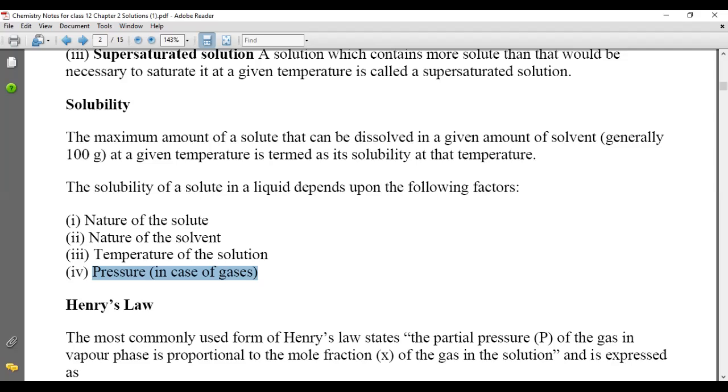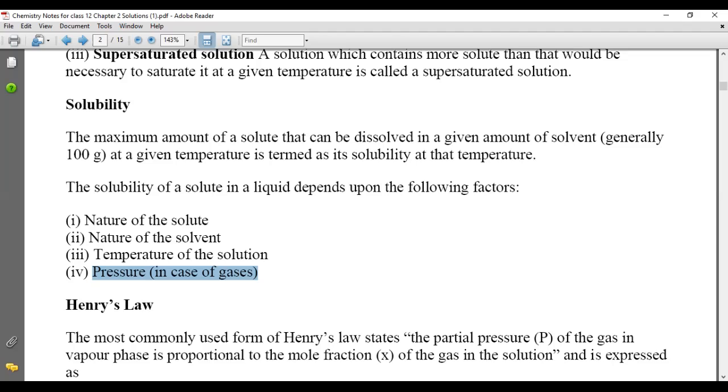Some solute particles in solution collide with the solid solute particles and get separated out of the solution. This process is known as crystallization.